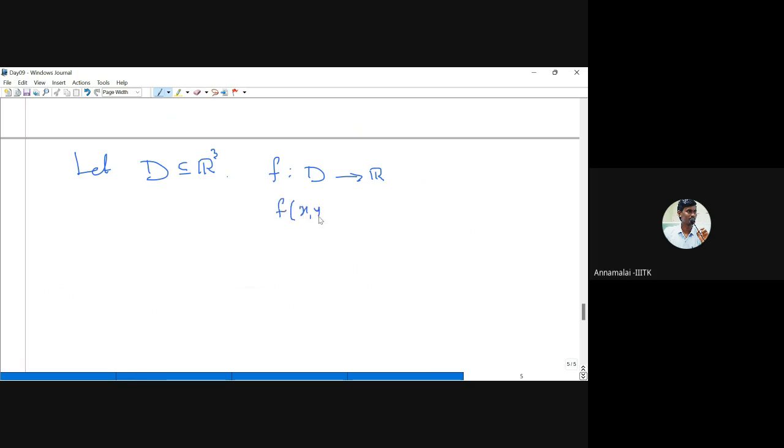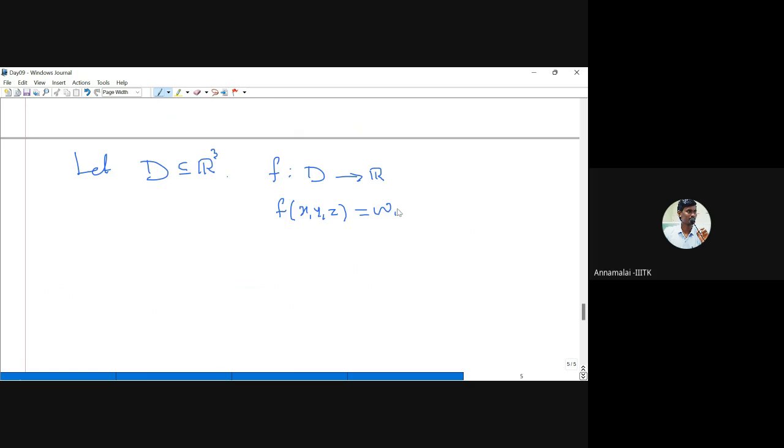Therefore, the input is x, y, z. It goes to some real number, maybe we call it w. Okay. Now, suppose D is again the region bounded below by this D and bounded above by the curve f, what is the volume of this one?